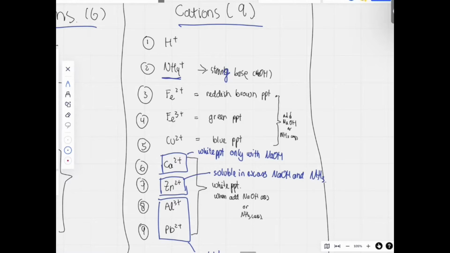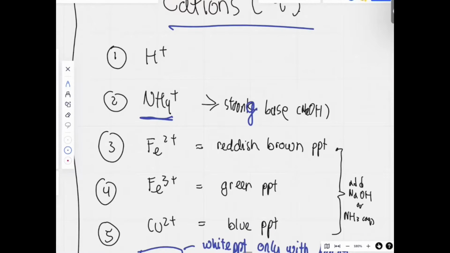Ammonium is the cation. So ammonium something plus sodium hydroxide, then you get salt plus water plus ammonia.